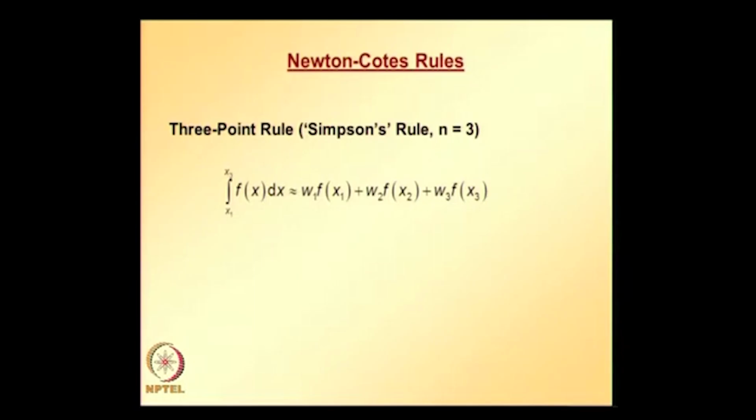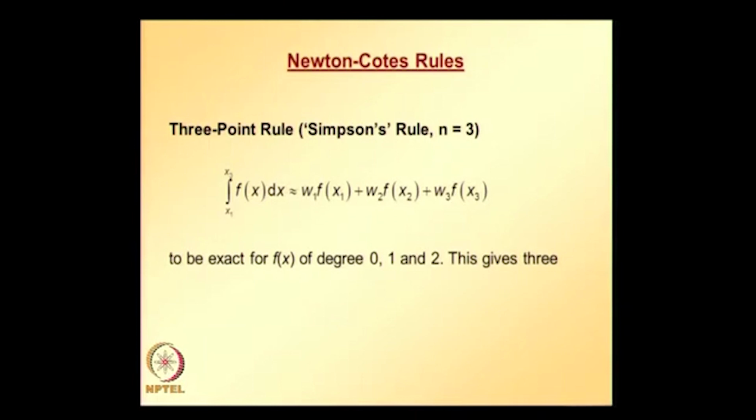So x1, let us see where this x2 is. This x2 should be midway between x1 and x3. So once we know the upper limit and lower limit, we can easily figure out what is the x1 value, what is the x2 value, what is the x3 value. We can easily evaluate the function at these points, and the only unknowns are w1, w2, w3.